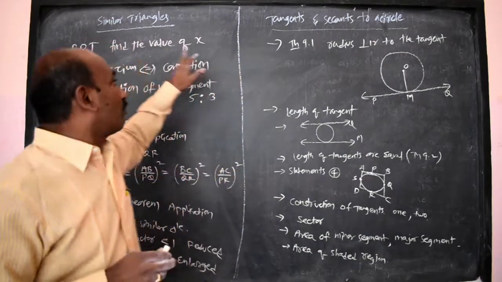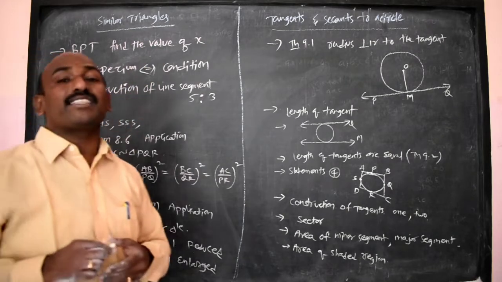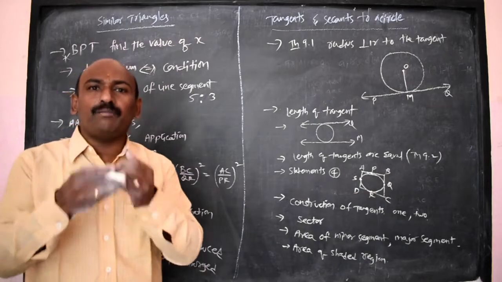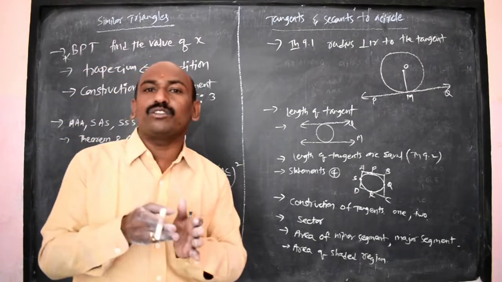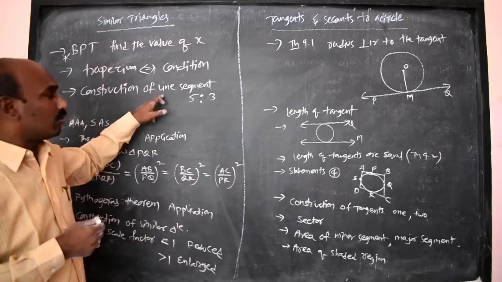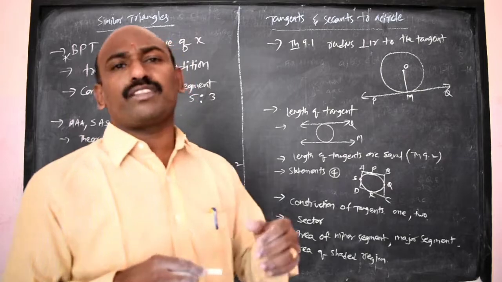That is one concept, and this is the second BPT concept. Then there is construction of a line segment: they will give the length, or sometimes you take it randomly, and it divides in the ratio 5:3. We studied in the lower session how to do that, and that is almost the first exercise.